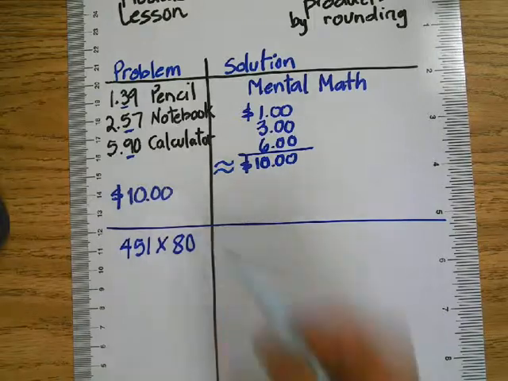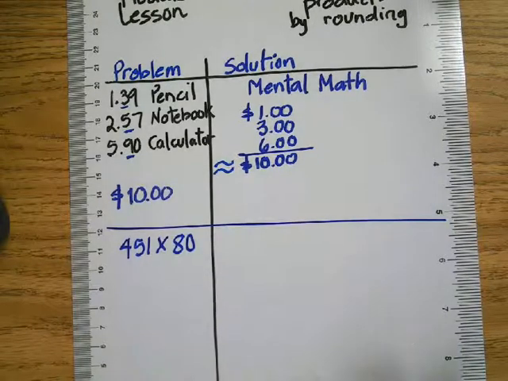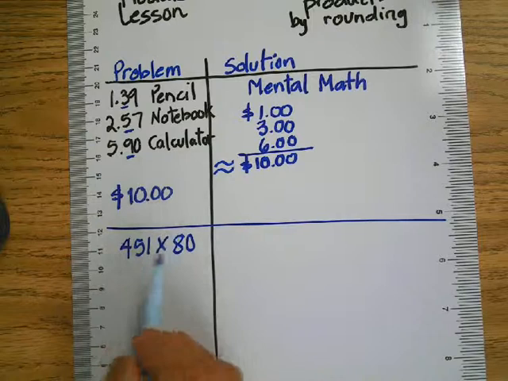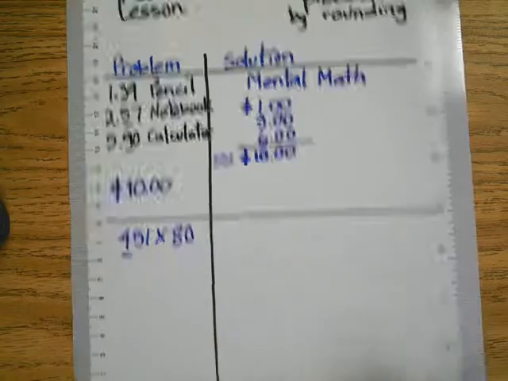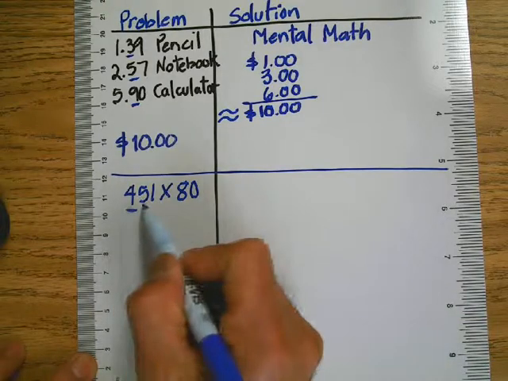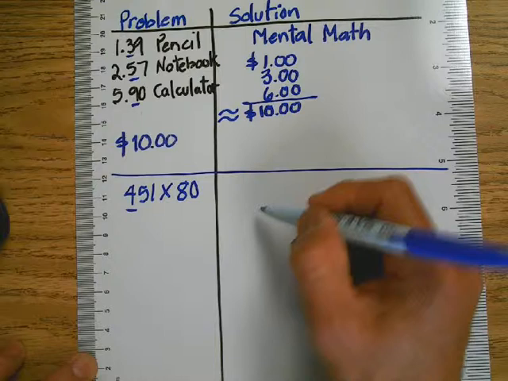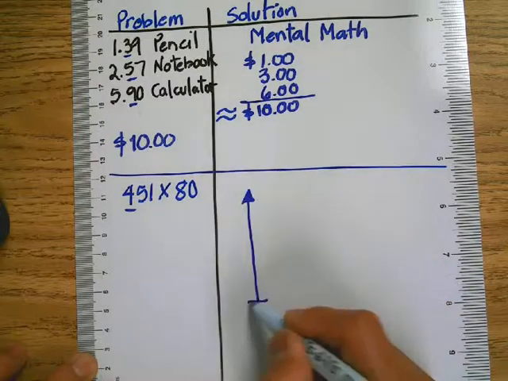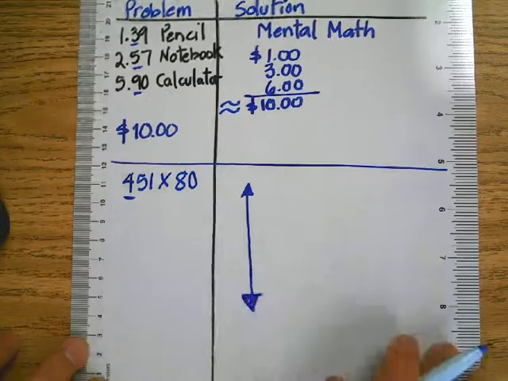To make this simple, we can round this number to the hundreds, and that will become 500, and it will be easier. Because this is 450, this is a tool that we use in class. I create a vertical line, and I have a video for this as well.